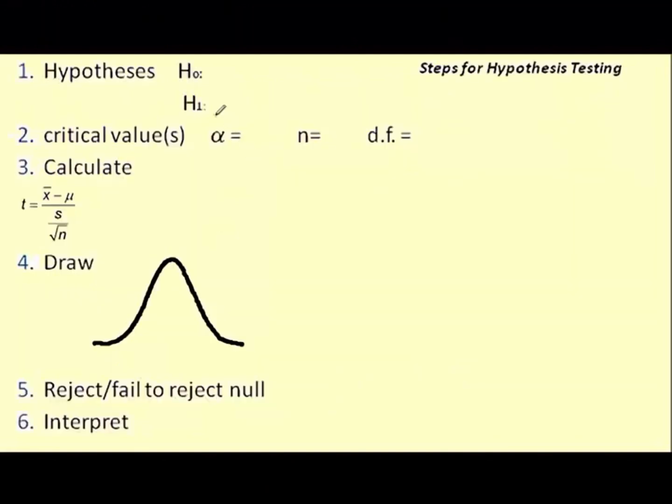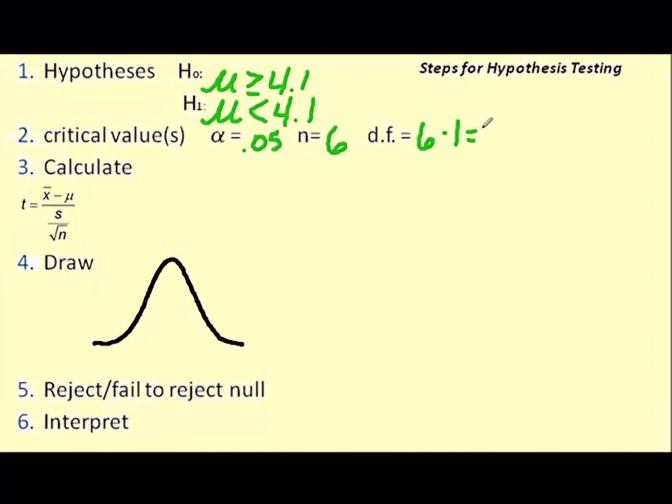So we think it's performing below specifications, less than 4.1. They would say more, greater than or equal to. Alpha is 0.05, N is 6, so we would have 6 minus 1, or 5 degrees of freedom.